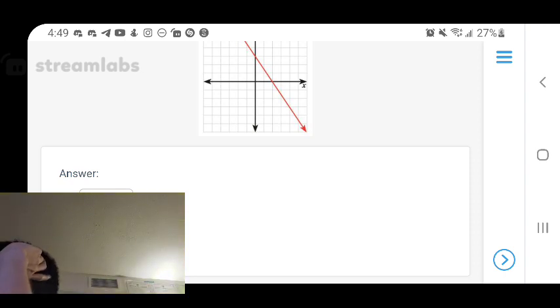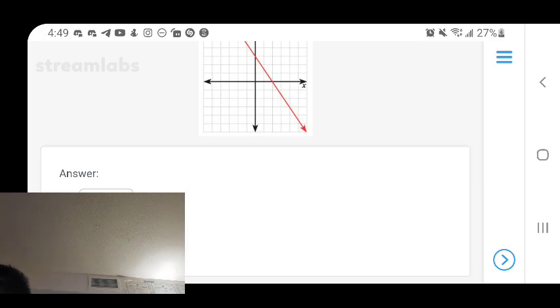Yeah, that's right. For x, let's say x is 4. 2 times 4 is 8. Oh, it is wrong. I see. Okay, 2 times 4.